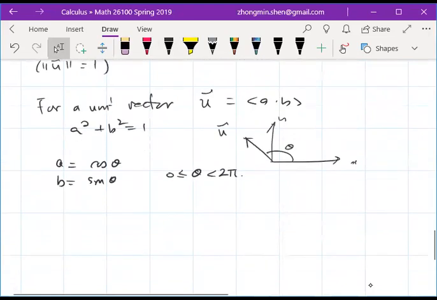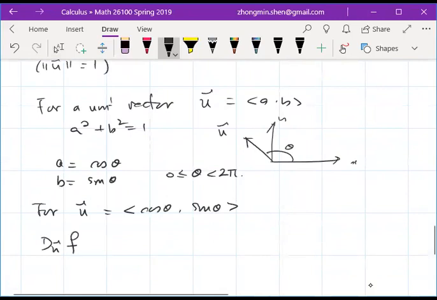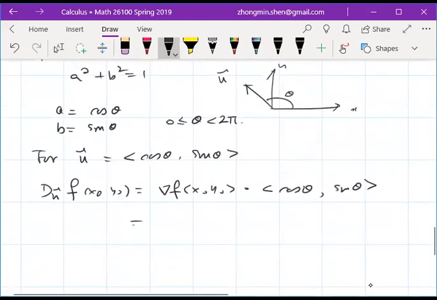So for the unit vector cosine theta, sine theta, the directional derivative at a particular point is given by the gradient's inner product with cosine theta, sine theta.